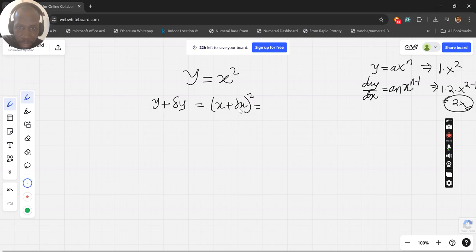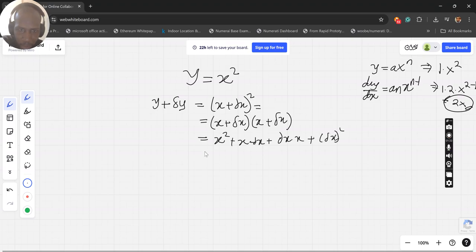We expand this bracket to give us (x plus dx)(x plus dx), which gives us x times x plus x times dx, then plus dx times x plus dx squared, which gives us x squared plus 2x times dx plus dx squared. This is our y plus change in y.